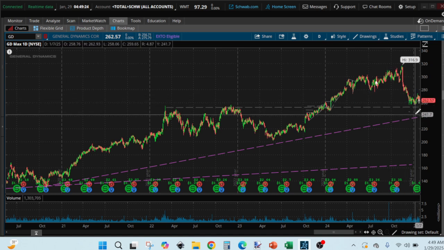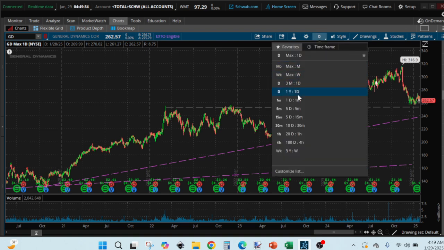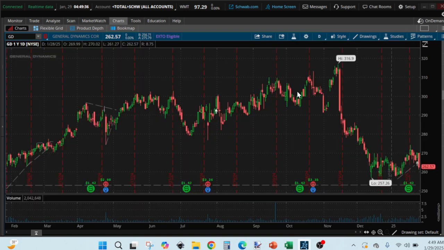I'm not using any rule written in stone to make my entry or my exit decision. If we go to the 1 year daily chart, we can see that it pulled back yesterday.